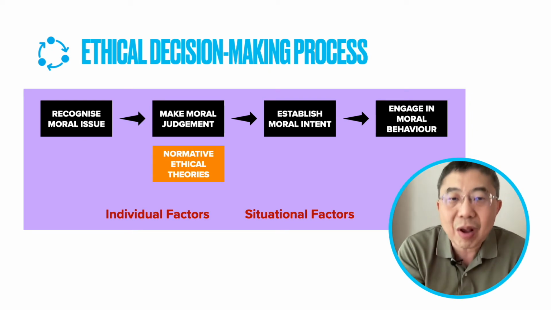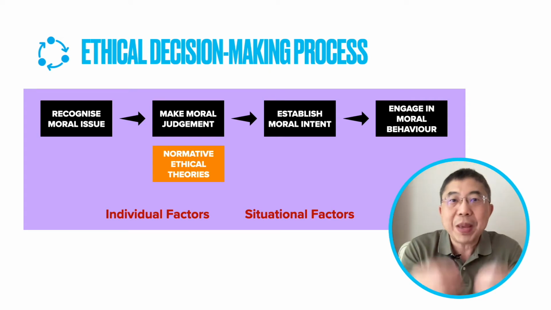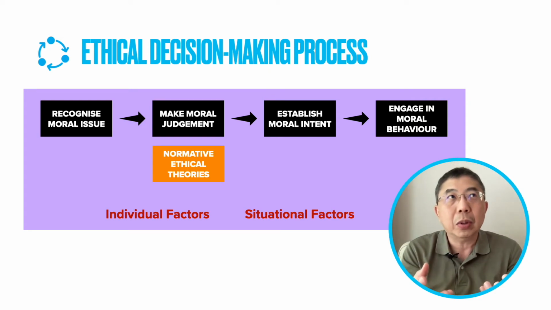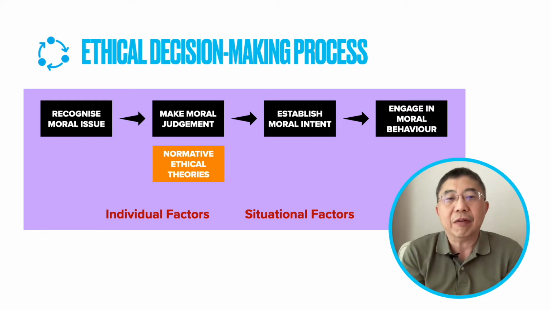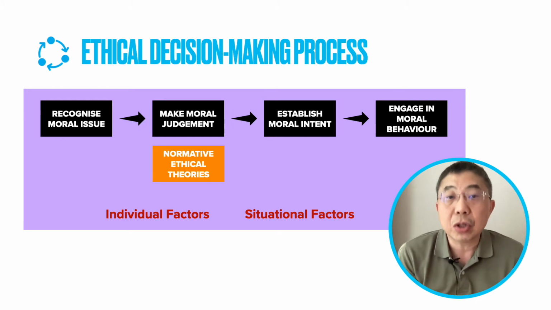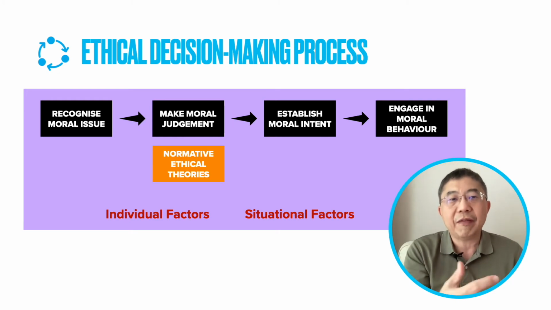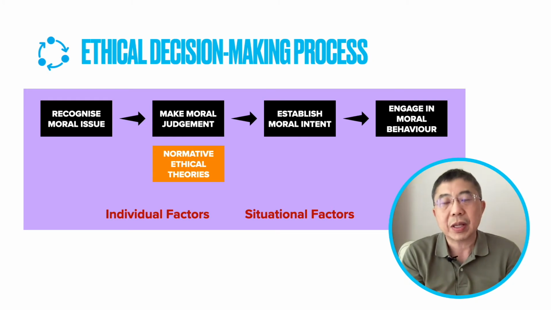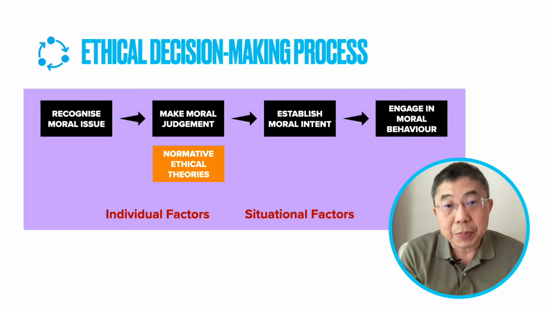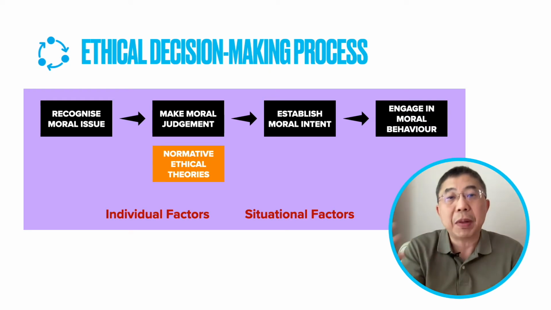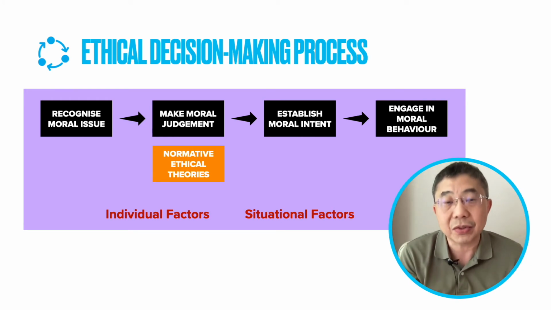The issue itself, how significant is the issue, how big is the issue, and how close to us is the issue, could also affect our decision-making process. So our decision-making process will therefore have an individual influence as well as a situational influence. So that would be a summary of a simplified model of how we may make that ethical decision.